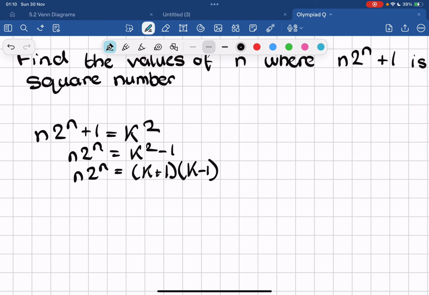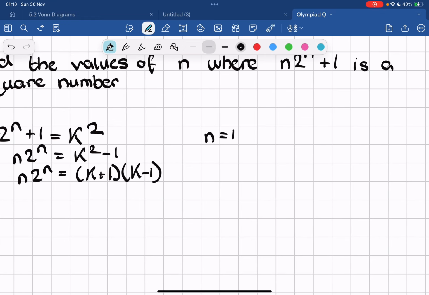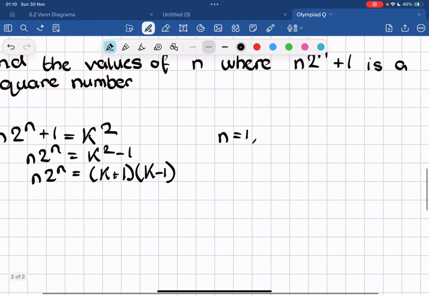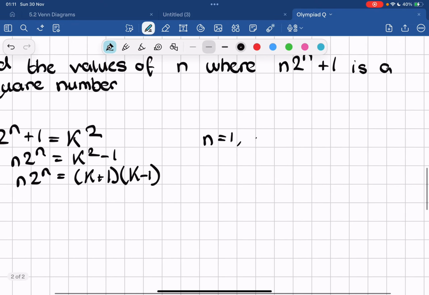Now, when we're presented with a very vague question like this, what I do is I test values. So if I test for when n equals 1, n times 2 to the n plus 1 here equals 3, which is not a square number.